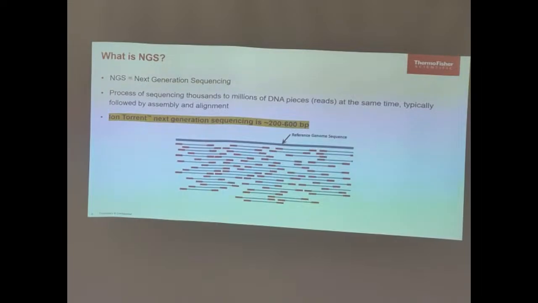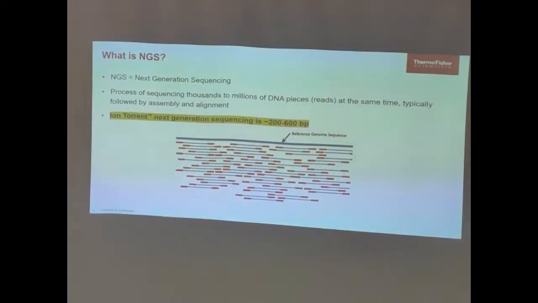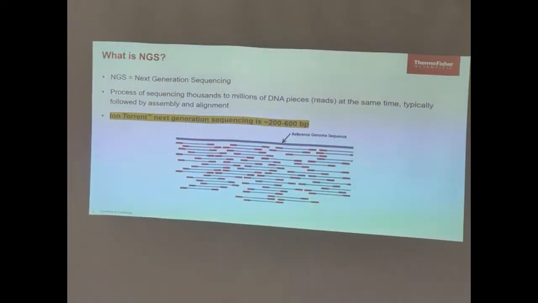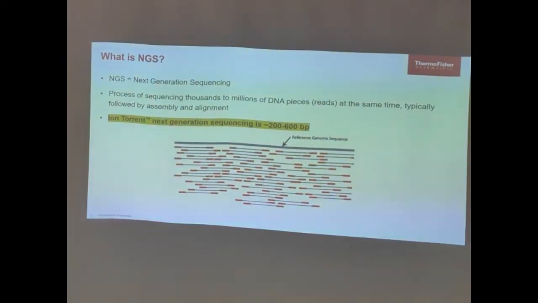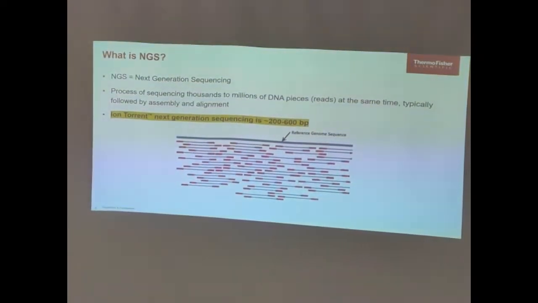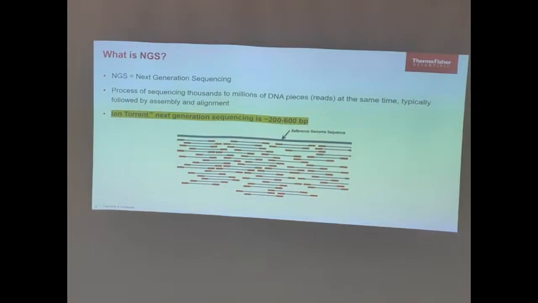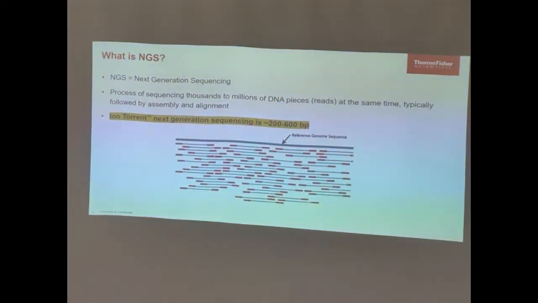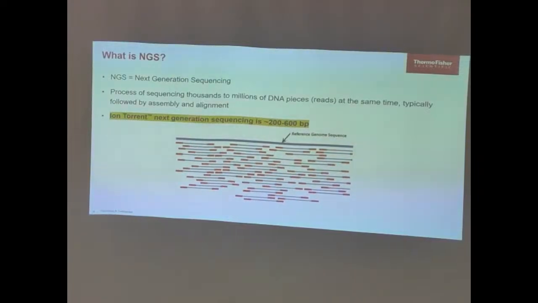Just like a 96 well plate, it has billions of wells, and it is loaded in such a way that each well contains one fragment. That's how billions of fragments are sequenced at a time. Later on, these are assembled with the help of bioinformatics tools to generate the contiguous fragment, and from there you can get the entire genomic sequence.